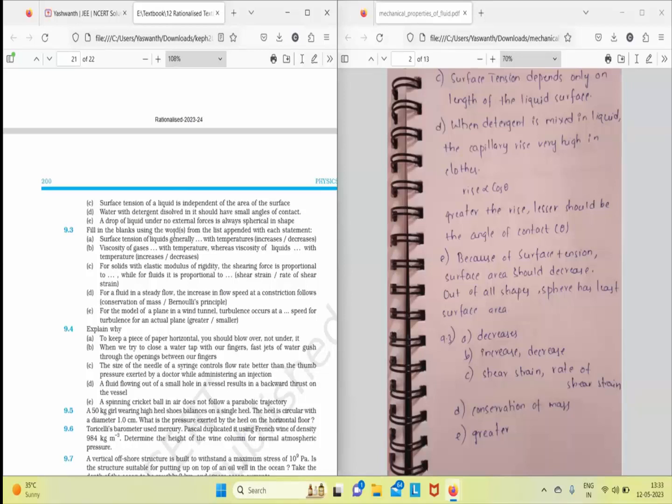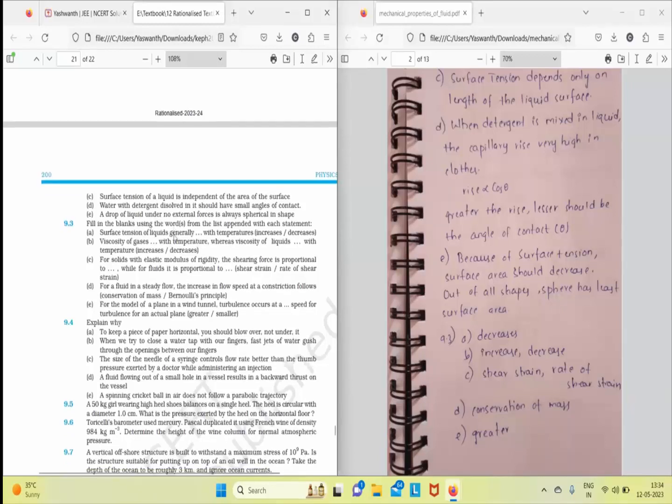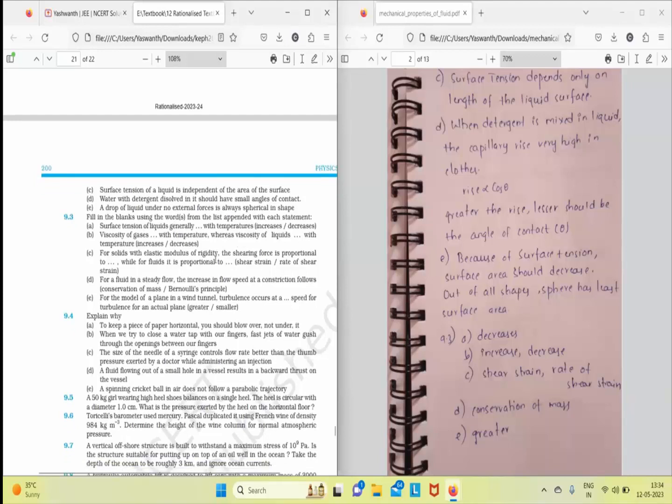Because you have some fixed volume of water, and only the sphere will have the least surface area compared to other shapes. So that's the reason why water drops will be in spherical shape when there are no external forces around them.